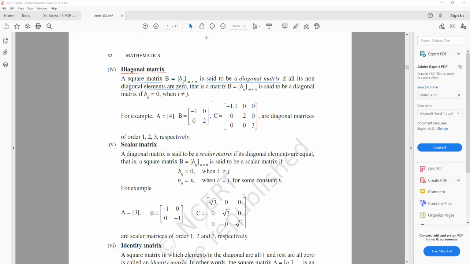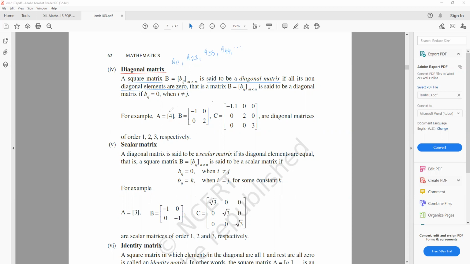Leaving the diagonal elements, if all other elements are zero, then that type of matrix is known as a diagonal matrix. You know diagonal elements are elements which come in the position A11, A22, A33, A44 etc. Leaving those, if everything else is zero, then that type of matrix is known as a diagonal matrix. So it is always a square matrix because diagonal elements are only for square matrices.